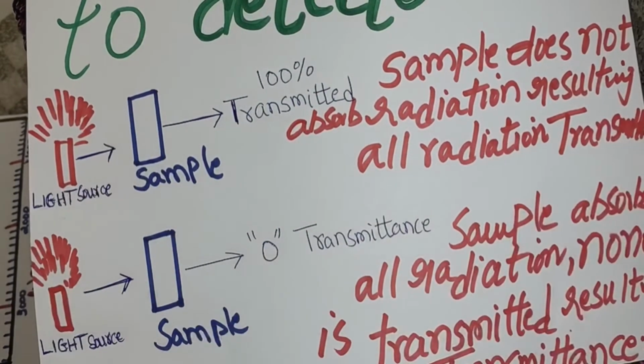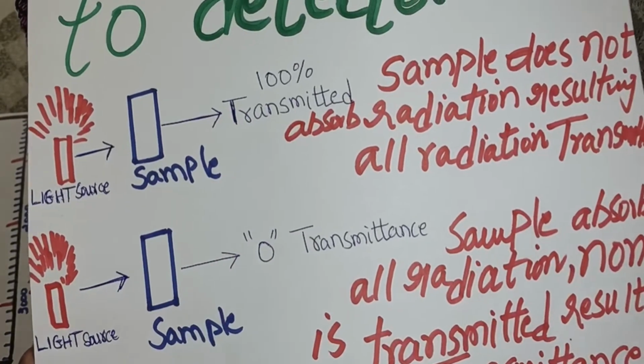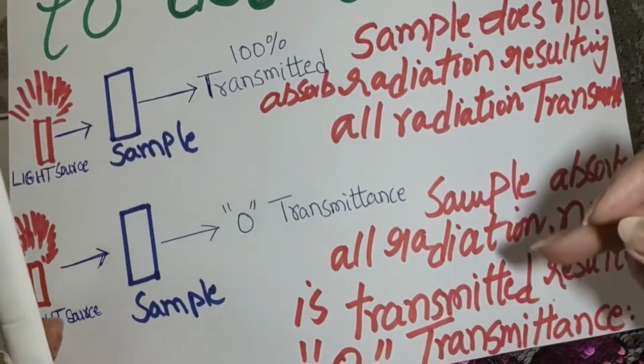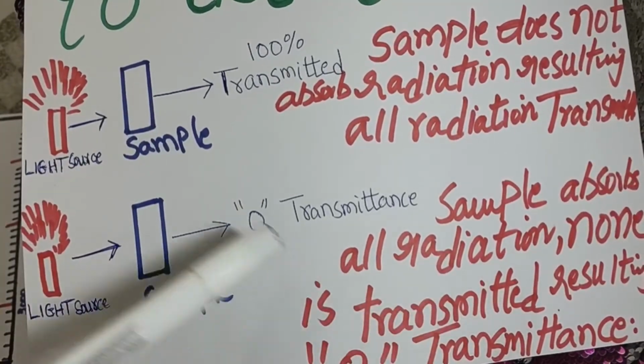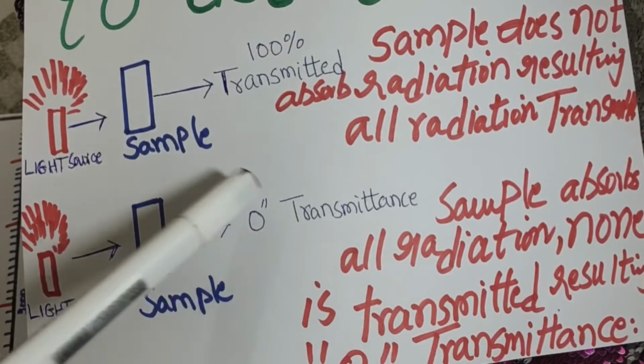Whereas in the second example, with the same light source and sample, it has zero transmittance. Why? Because the sample absorbs all radiation and none is transmitted, resulting in zero transmittance.